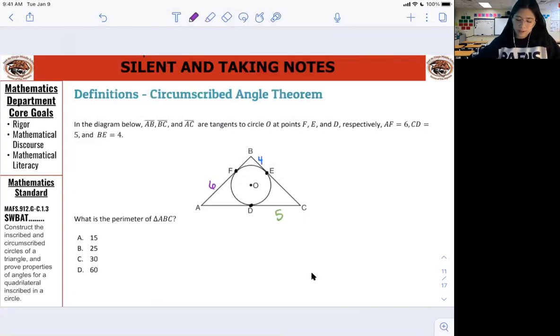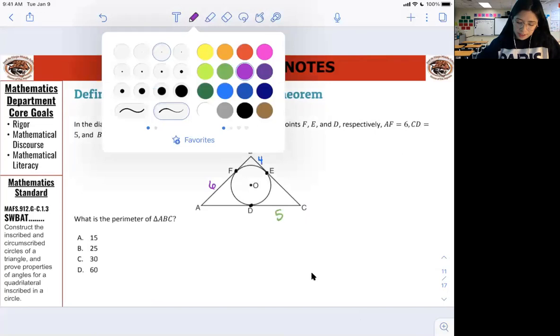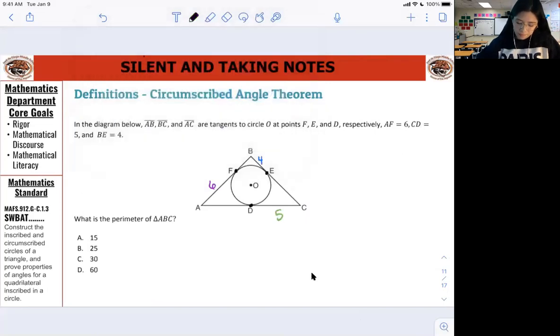That's one part, but that's not really going to help us in this case. We're not talking about angles. We want to know the perimeter of this whole triangle, all the distance all the way around. But what am I missing?